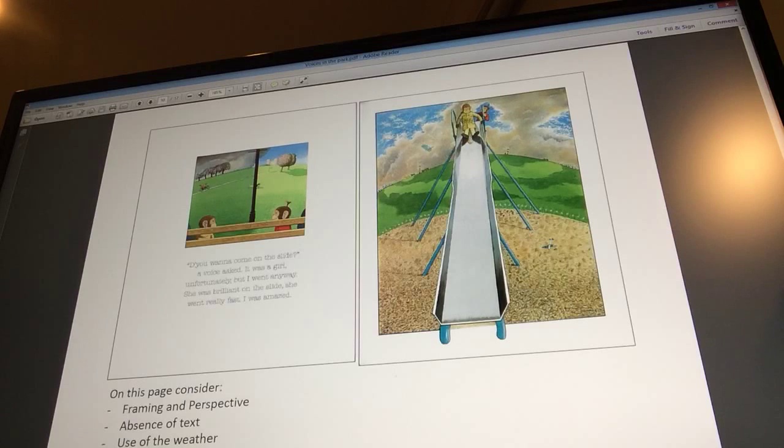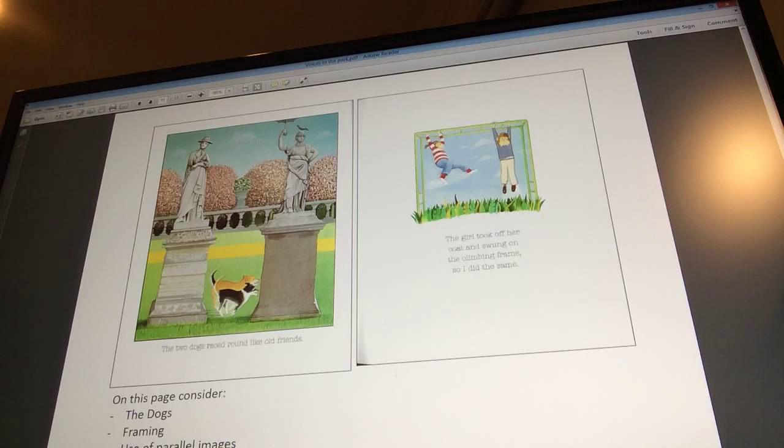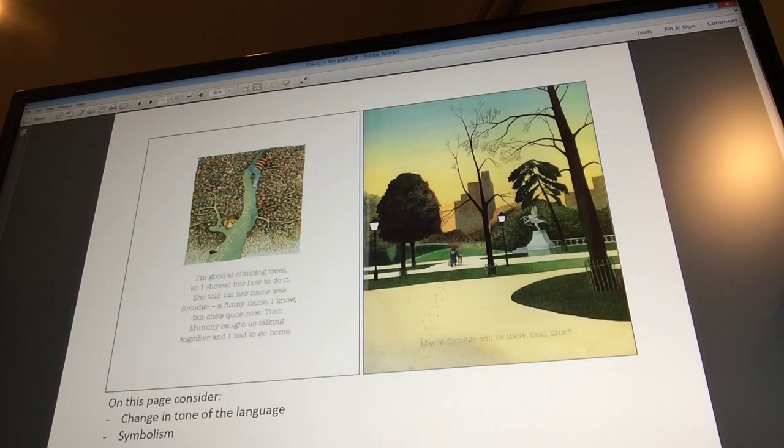She went really fast. I was amazed. The 2 dogs raced around like old friends. The girl took off her coat and swung on the climbing frame. So I did the same. I'm good at climbing trees, so I showed her how to do it. She told me her name was Smudge, a funny name I know, but she's quite nice. Then Mummy caught us talking together and I had to go home. Maybe Smudge will be there next time.